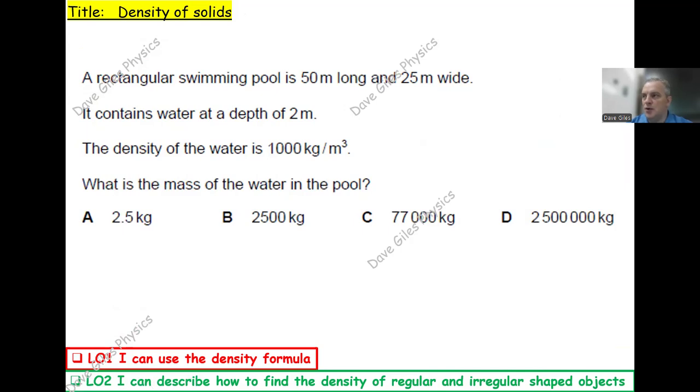So you've got a volume of 2,500 meters cubed. Mass is density times volume, so 2,500 times 1,000 gives me 2.5 times 10 to the 6, which is 2.5 million kilograms.